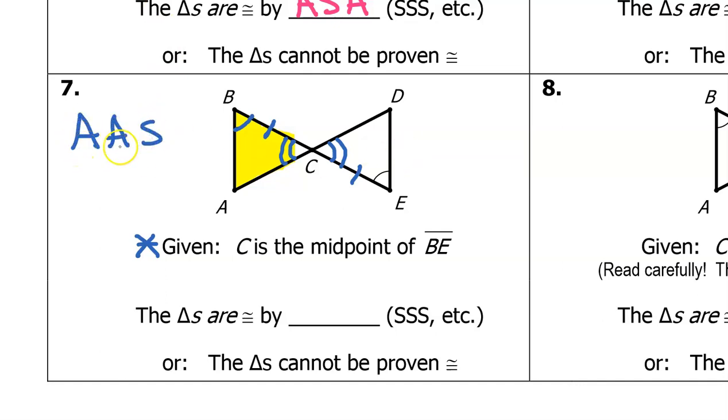So this is either going to be angle, angle, side, or angle, side, angle, depending on whether or not the side is between the two angles. So here's one angle that's marked. Here's the other angle. If I connect those dots, this is the side between. Is that the side that is marked? It is. So the side is between the two angles. That makes this angle, side, angle.